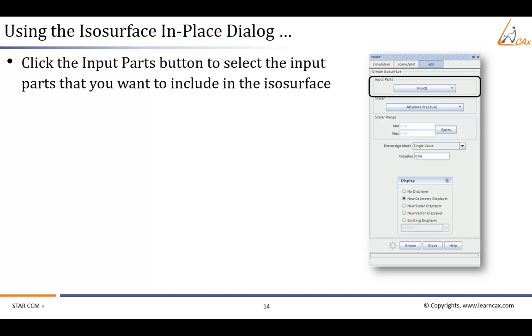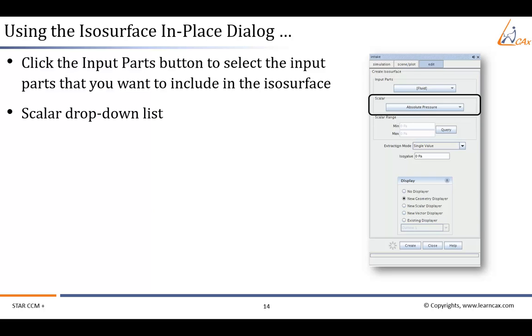Click the Input Parts button to select the input parts that you want to include in the isosurface. Specify the characteristics of the isosurface with the features. This is the scalar drop-down list. This list will select the scalar field function as the basis for the isosurface. The contents of the scalar list depend on the models that you selected.